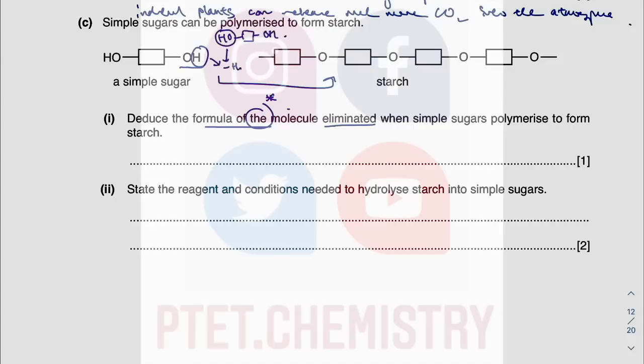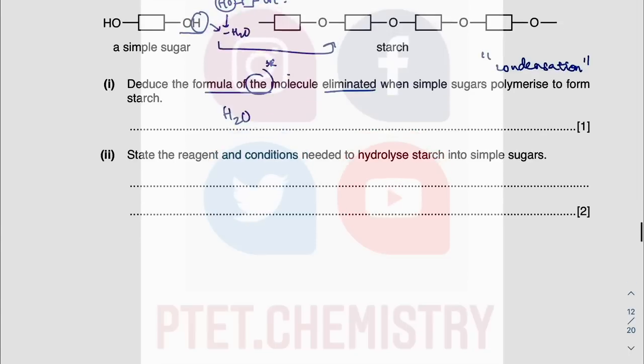It will lose water. Only when you lose the OH, then this bit will be bonded to this oxygen. You see that? So there's only 1 oxygen because this second bit loses that, and then this one will lose the H, and then the second bit will lose the OH, and so on and so on. Okay, so it is a condensation again. It is a form of condensation polymerization because you eliminate small molecules such as water.